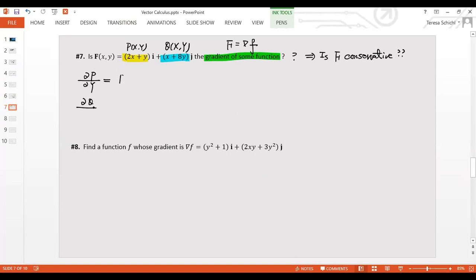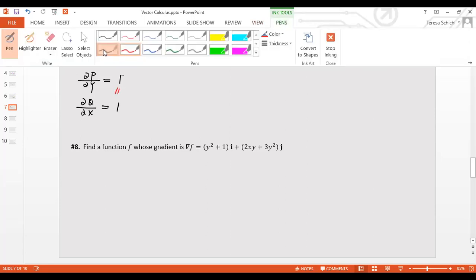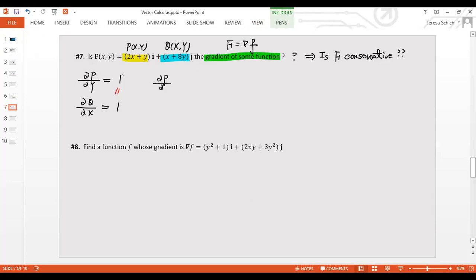Then ∂Q/∂x is what? It is 1. They are equal, right? So ∂P/∂y is equal to ∂Q/∂x. So what I can conclude here is that F is conservative, and that means you can find a real-valued function whose gradient vector is F.